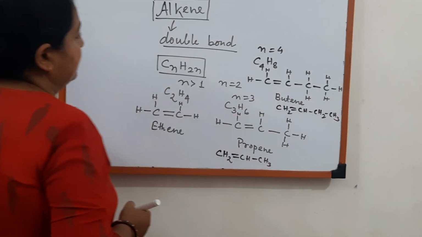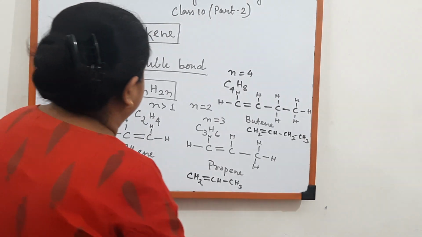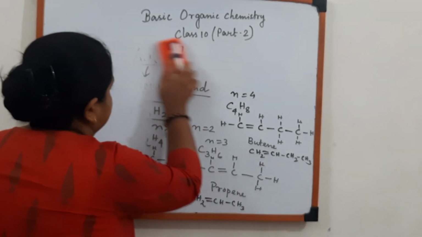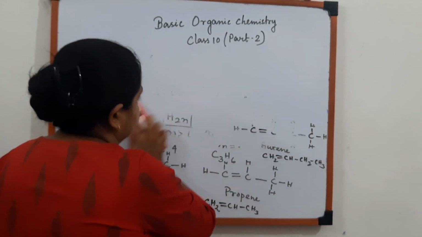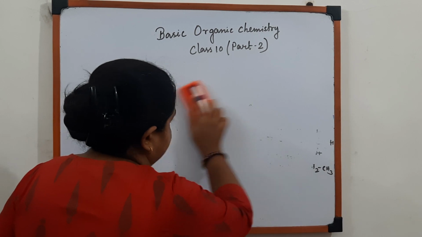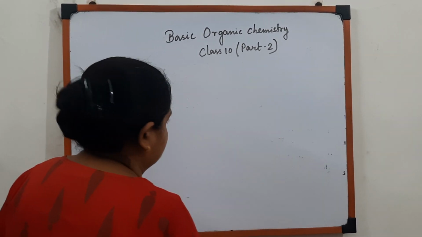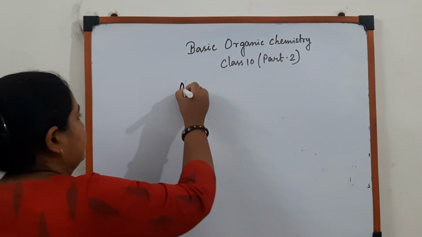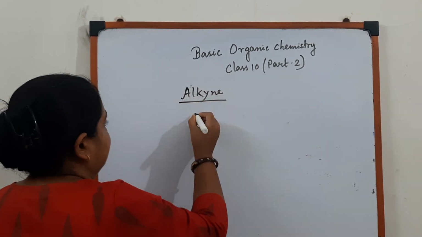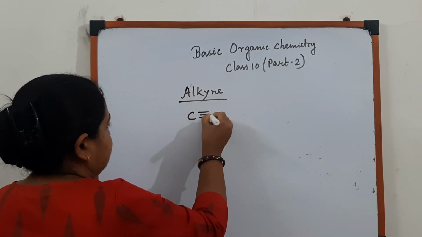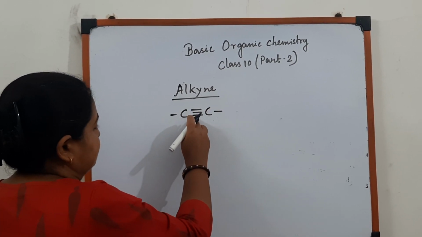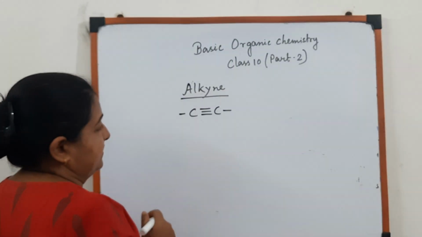Now I am going to the alkyne. Alkyne means nothing but the hydrocarbons that contain a triple bond. Triple bond means there is a presence of 3 bonds between 2 carbon atoms.